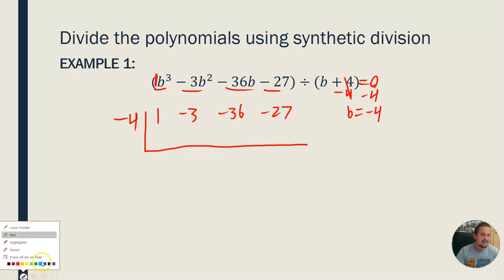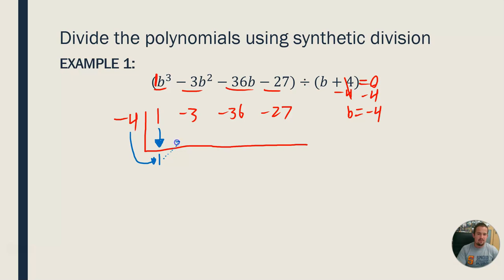Next, I'm going to start going through the process of synthetic division. So I'm going to change colors here. I'm going to bring this 1 down. I'm going to multiply negative 4 and 1 together, which is negative 4. I'm going to write that negative 4 up here underneath the next term and add those together. Negative 3 plus negative 4 is negative 7. Then I'm going to multiply negative 4 by negative 7.